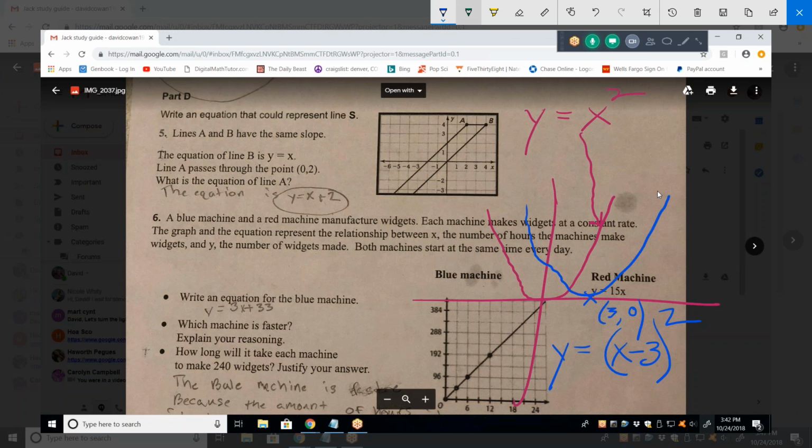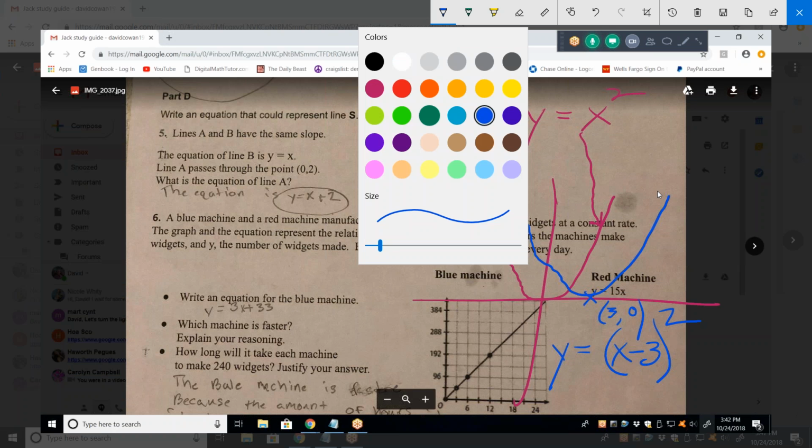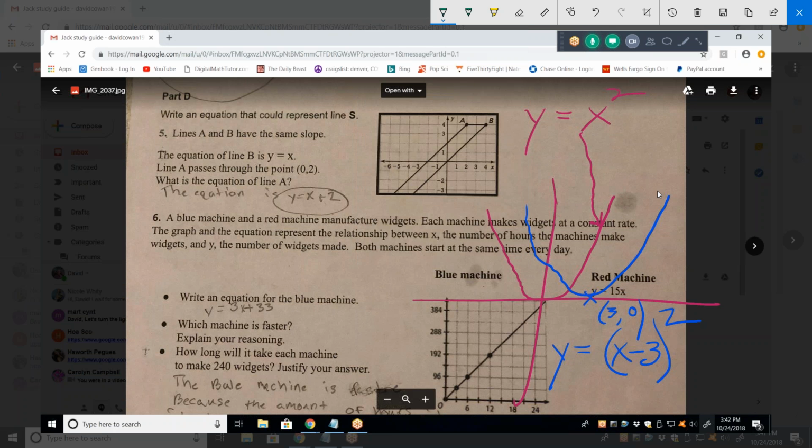Now, let's say instead I wanted to take my pink line and move it up to here. Forget the blue line. Well, now I'm writing that as y equals x squared plus 3. And notice the difference.